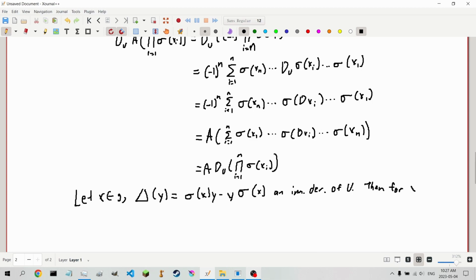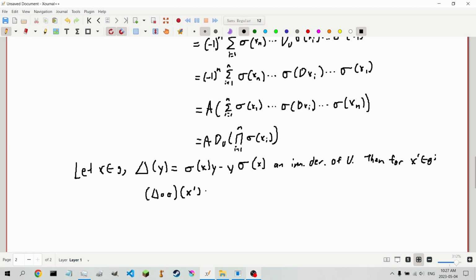Then for each x prime in G, we have that the composition of delta of sigma acting on x prime is plugging that into our formula above, minus sigma of x prime sigma x, which, given that sigma is a morphism, we can turn this back into the Lie bracket.